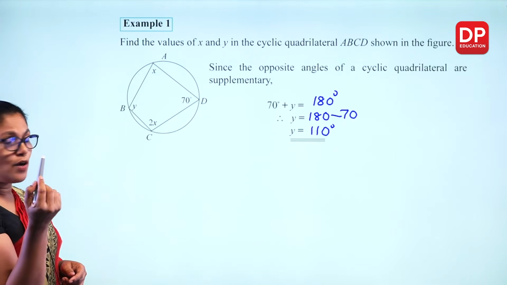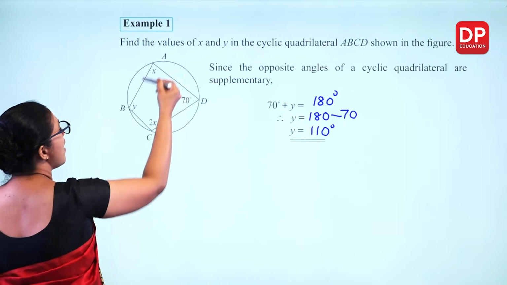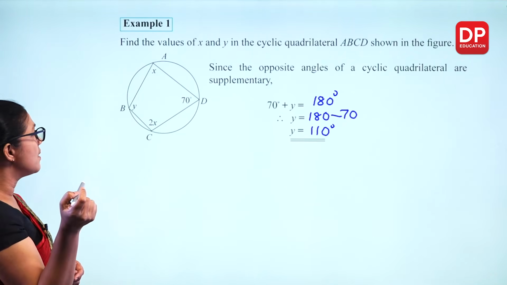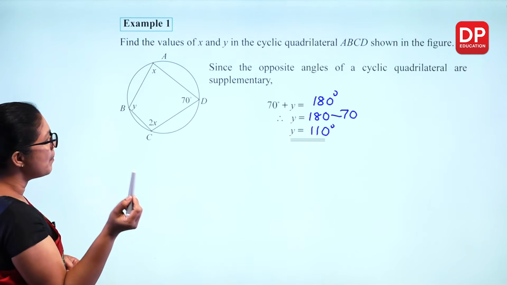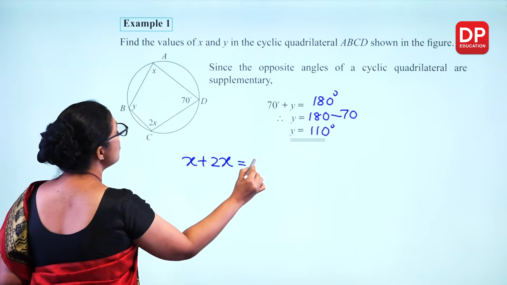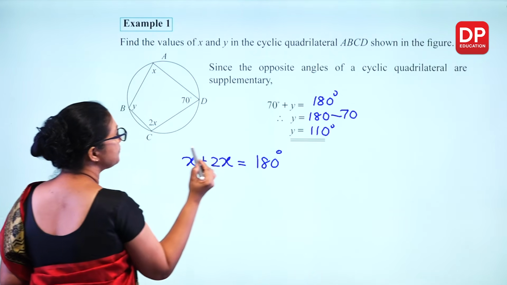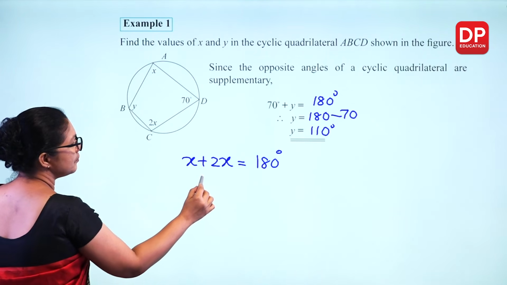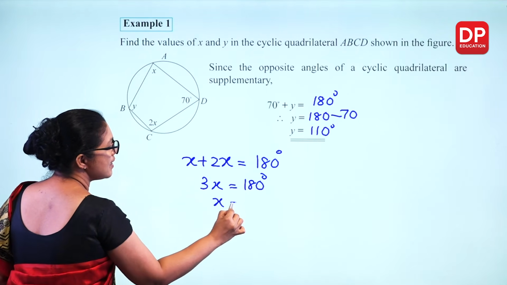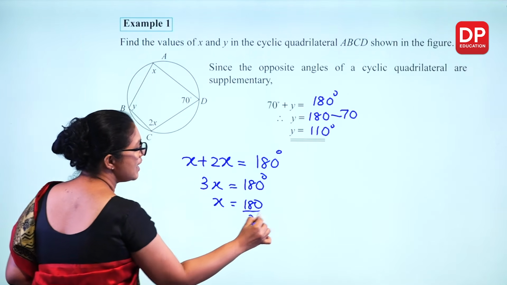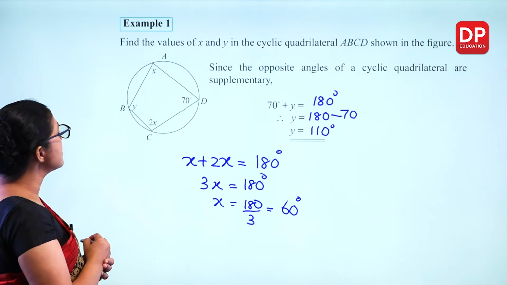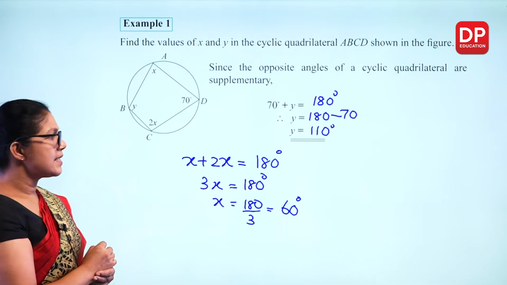Now we need to find x. These two are angle A and angle C, also opposite angles, so they are supplementary. I can write x plus 2x is equal to 180. 3x becomes 180, so x is 180 divided by 3. You get 60 degrees. So x is 60 and y is 110.